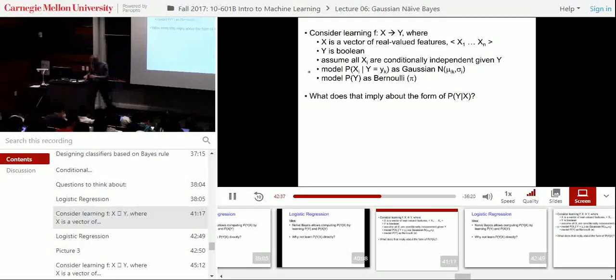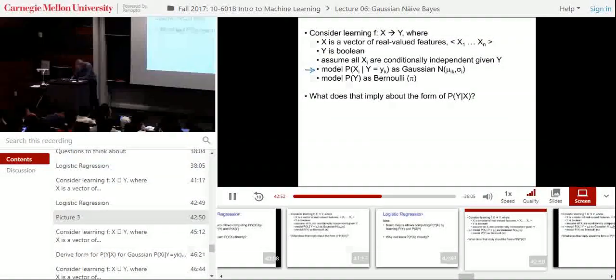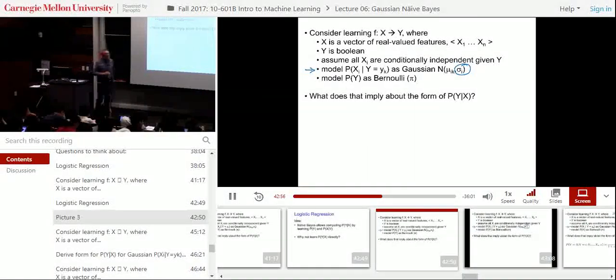And then, for a Gaussian naive Bayes, we're going to model P of x sub i given a particular value of y as a Gaussian distribution. And here, I'll just point out, I'm making this assumption that sigma depends on i, which x sub i we're talking about. But I'll assume here that sigma doesn't depend on which y we're talking about.